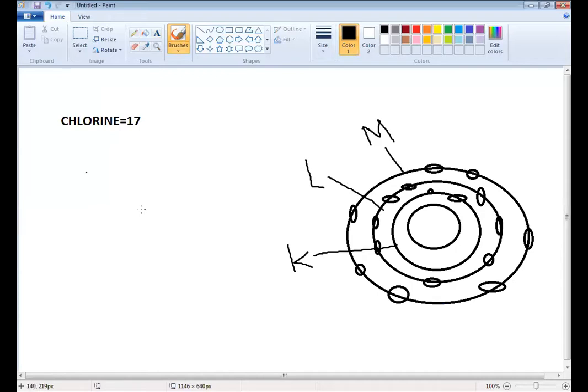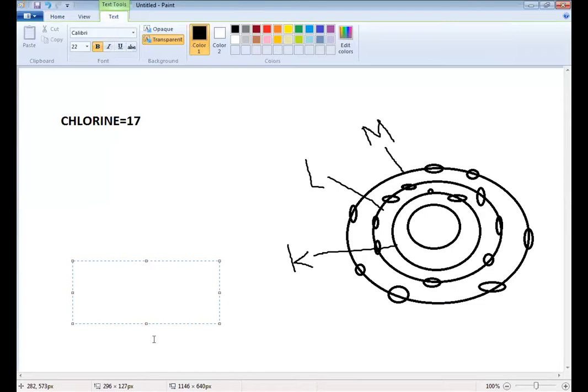So chlorine accepts 1 electron or donates 7 electrons. It is easy for chlorine to accept 1 electron. So the valency of chlorine is -1.